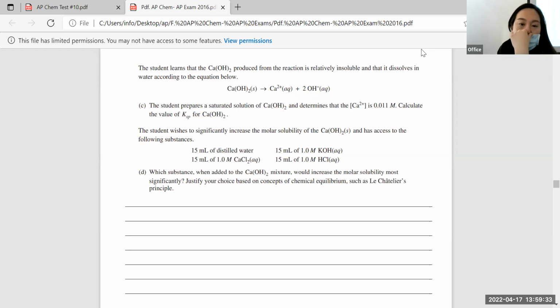Okay, so they're saying they wanted to increase the molar solubility. So what does that mean? Anything that shifts this reaction to the right is going to increase molar solubility, right? So I have Ca(OH)2, solid.